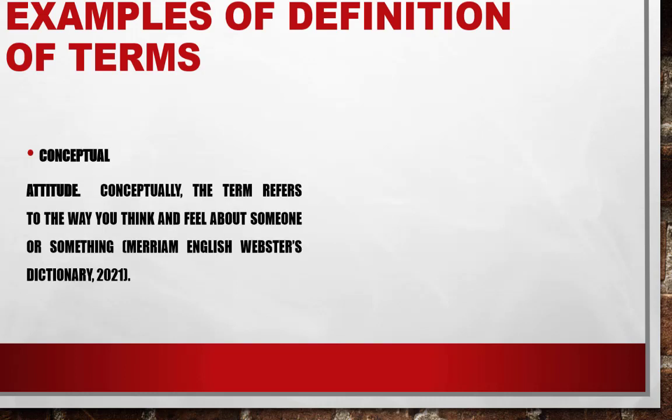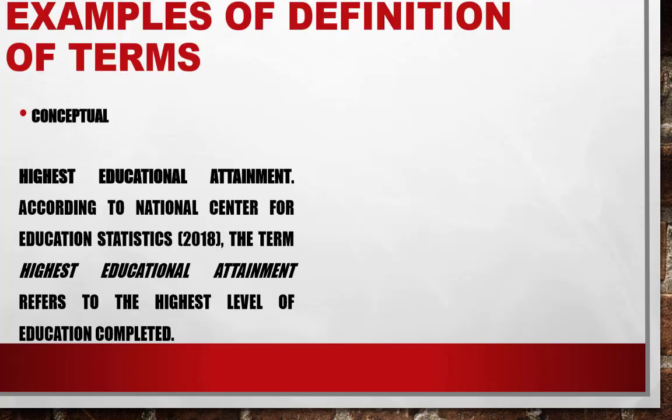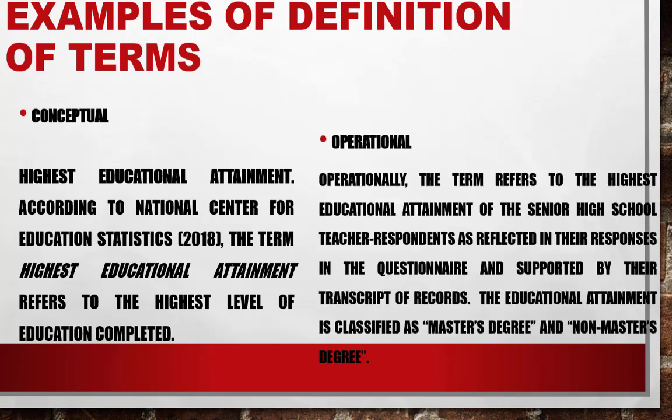Another example is highest educational attainment. According to the National Center for Educational Statistics, 2018, the term highest educational attainment refers to the highest level of education completed. For the operational, it refers to the highest degree, the highest educational attainment of the senior high school teacher respondents as reflected in their responses in the questionnaire and supported by their transcript of records.